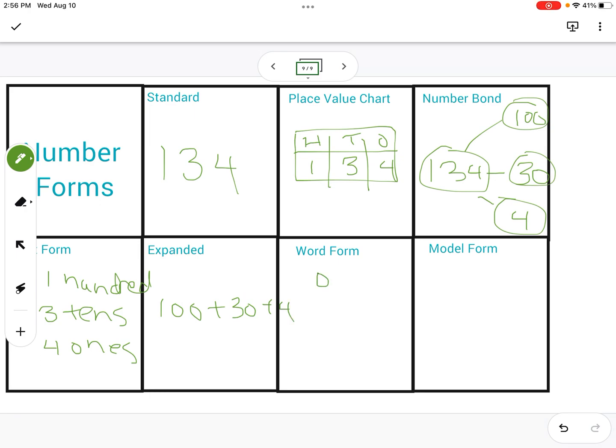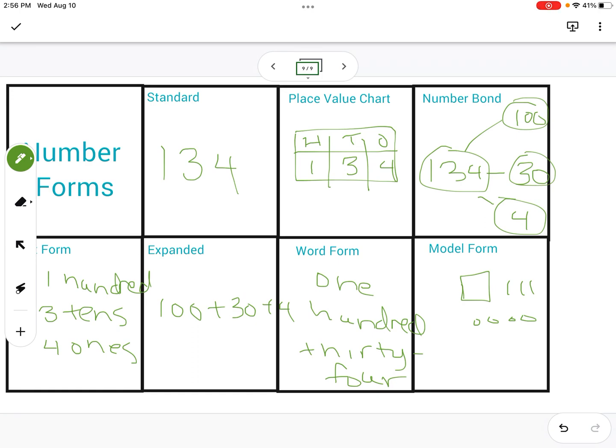My word form would be 100, and I apologize, my finger on the iPad is getting quite messy, but 134, 34, and that should be hyphenated. And then finally, my model form, I would have the 100, the 3 10s, and the 4 little ones.